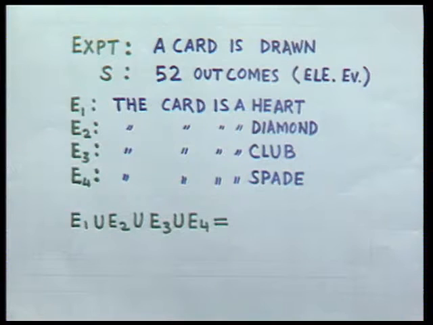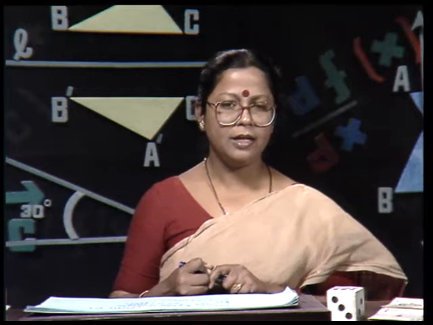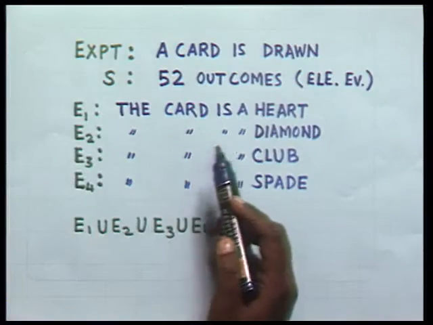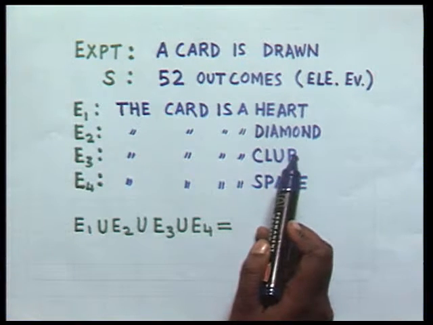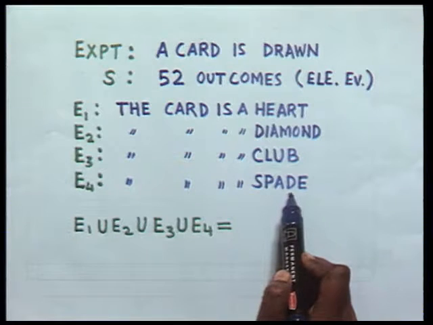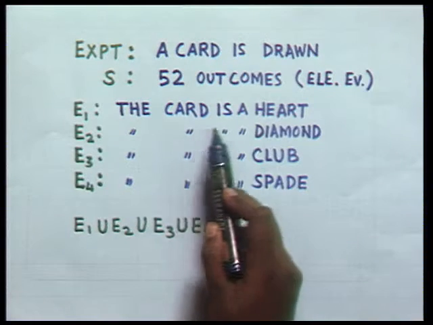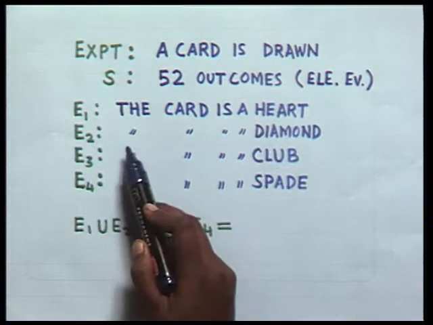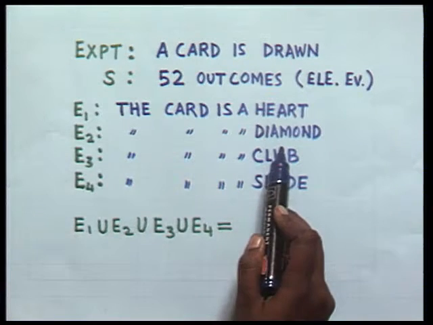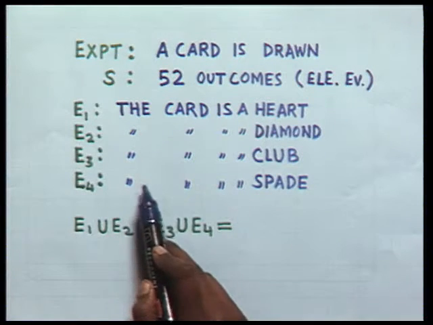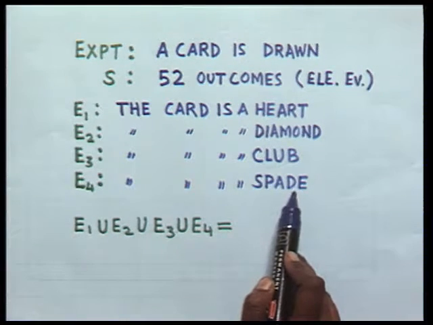Now, consider the next experiment. A card is drawn from a pack of ordinary cards. As we know, there are 52 cards in an ordinary pack of cards having identical shape and design, but they have different names. There are 13 hearts, 13 diamonds, 13 clubs and 13 spades. Consider event E1. It is defined as the card is a heart, event E2 as the card is a diamond, event E3 as the card is a club and event E4 as the card is a spade.